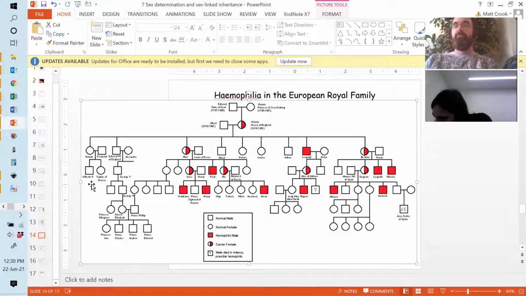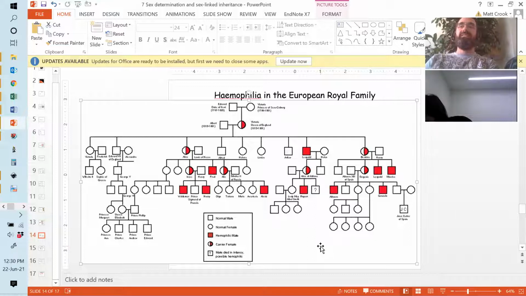It's kind of neat. The key thing that stands out here is that only males have the disease. There are no females with a full red circle here, because the only way a female could get hemophilia is if she was the result of a hemophiliac male siring a child with at least a heterozygous carrier female, which is very, very rare.